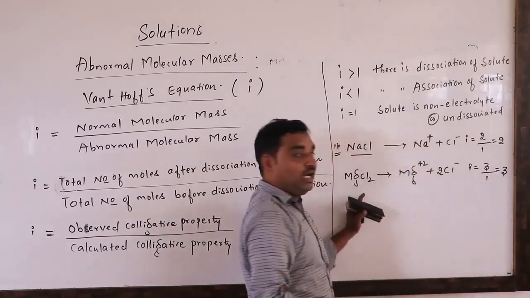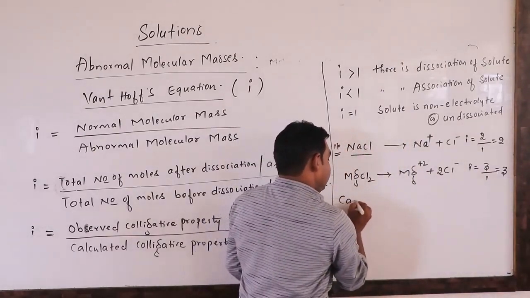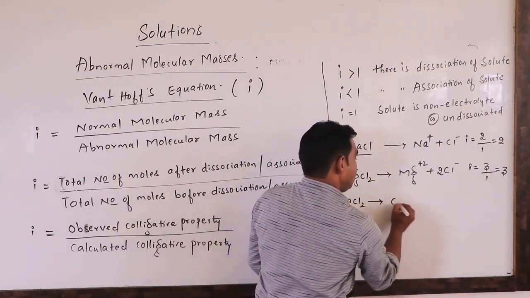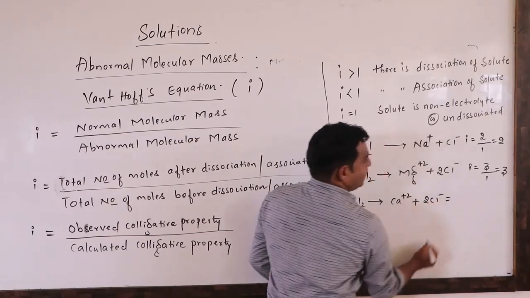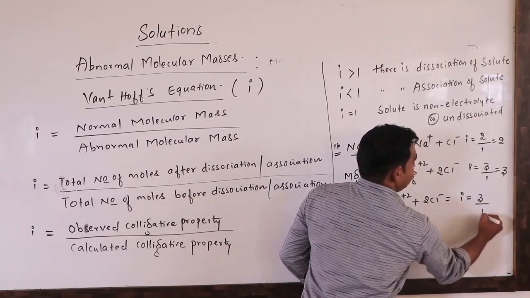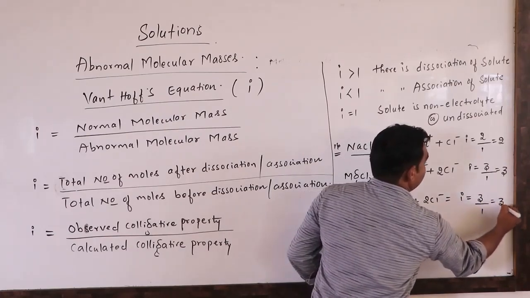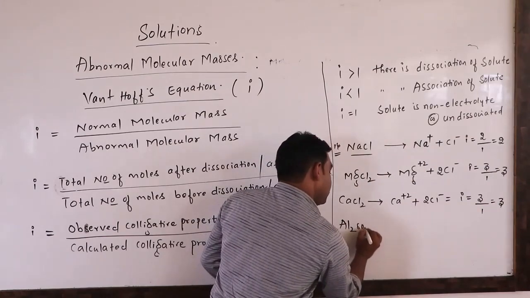The i value for MgCl2 is 3. You can write CaCl2 the same way: CaCl2 gives Ca 2 plus and 2 Cl minus. Here also, after dissociation there are 3 moles of ions and before dissociation 1, so the i value is 3.